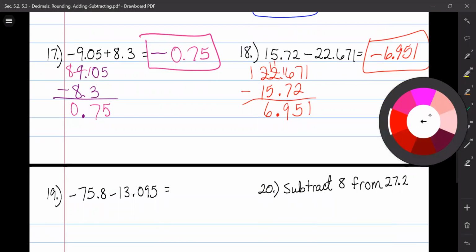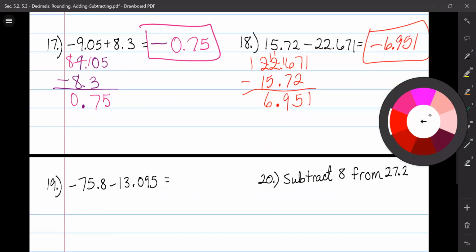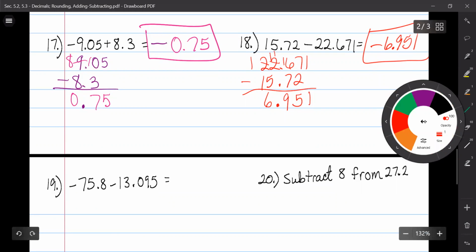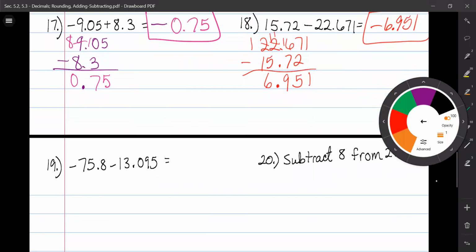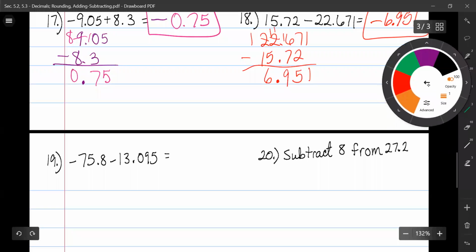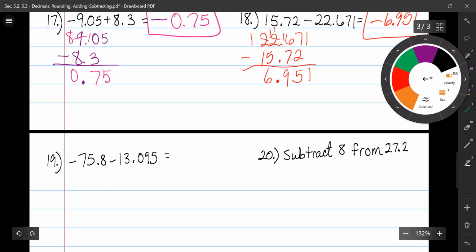All right, for number 19, is my answer positive or negative? And to figure out the rest of it, I need to actually just add 75.8 plus 13.095.